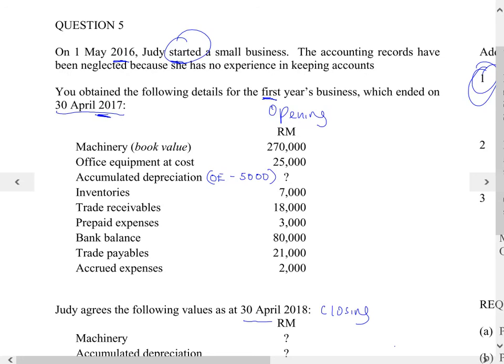How to find close accumulated for machinery? Take note, this is book value. What is book value? Book value means your net book value. Means my cost already less depreciation, my net book value 270. Understand? This is after depreciation. So, how many years have I depreciated?